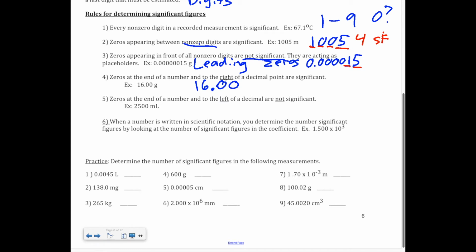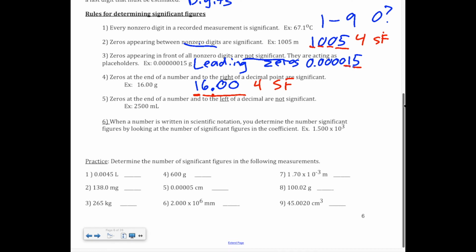So are you paying attention? It's not written on your notes. You must listen to my voice. If a decimal is present, right here, after the first non-zero number, everything is significant. Okay? If a decimal is present. Okay? So this one has 4 sig figs.